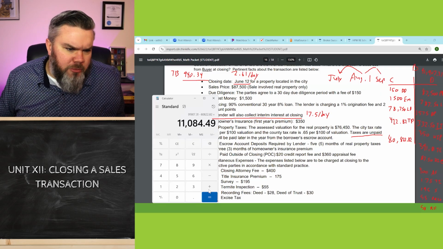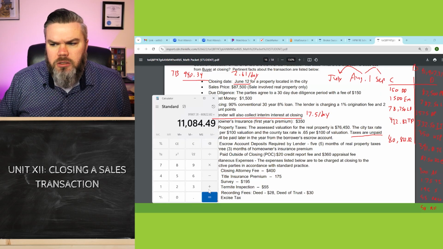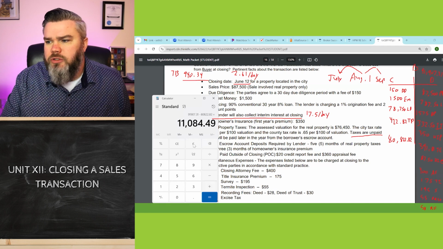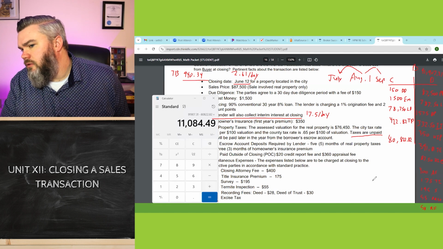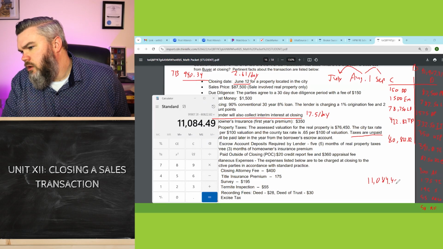Bree, what did you ask about? The formula for the homeowner's insurance line item? Yeah, I definitely didn't do that. Hold on. The escrows? Yeah. So homeowner's insurance, and let me write down this number, 11,084.49, just so when I clear out the calculator. We'll call that cash to close.